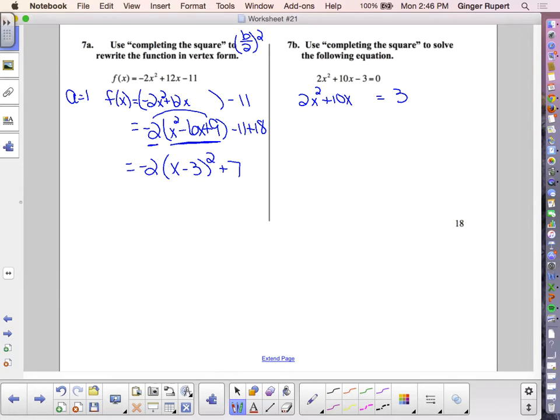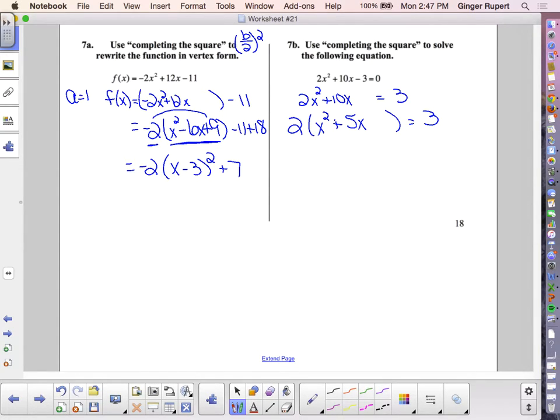And now I'll add to both sides because I'm working on both sides of the equation, not just one as in the previous example. Remember again, the leading coefficient must be 1, so I have to factor out a 2. So 2 times x squared plus 5x equals 3.